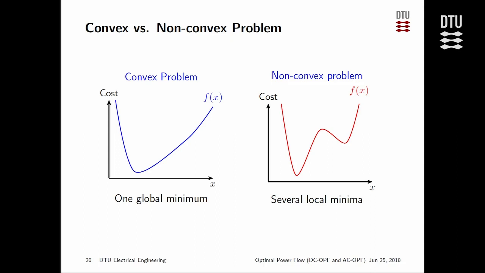And to be honest, there are guarantees that we're usually going to converge to a solution, and this is going to be also the global optimum. In the non-convex problem, there is no guarantee, first, that we're going to find a global optimum. And sometimes we don't even converge to a solution.